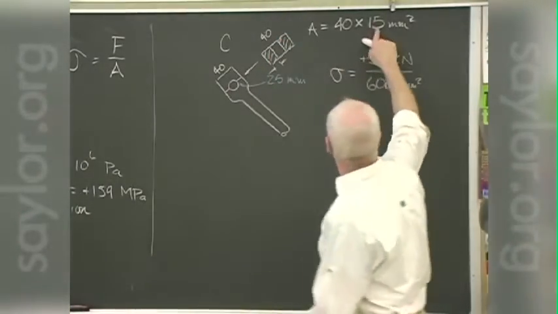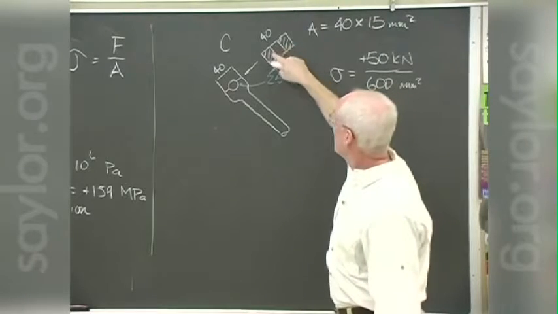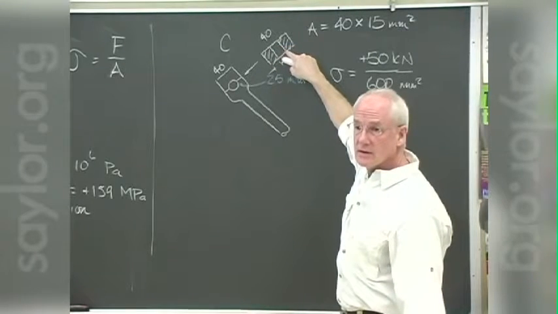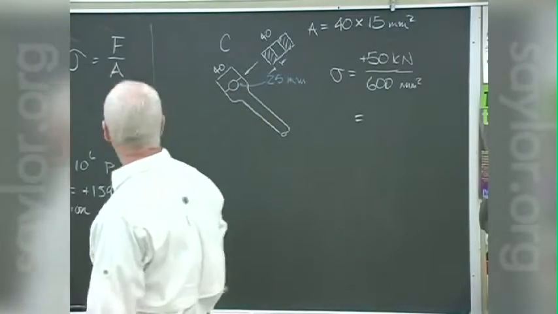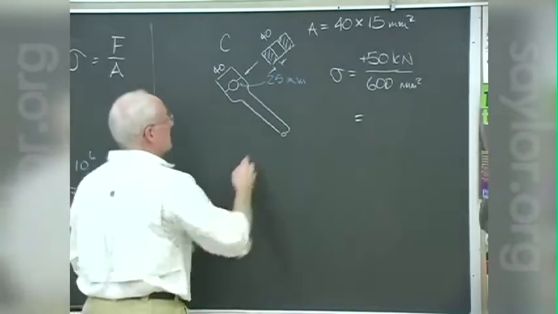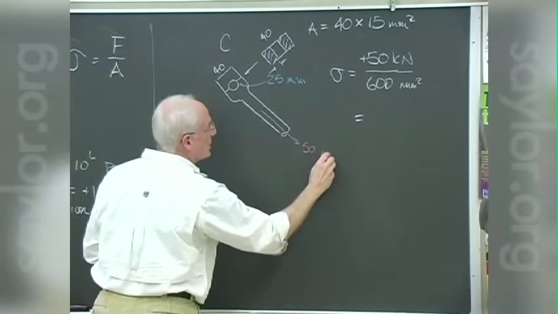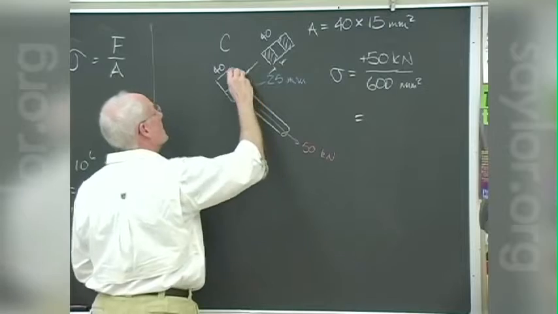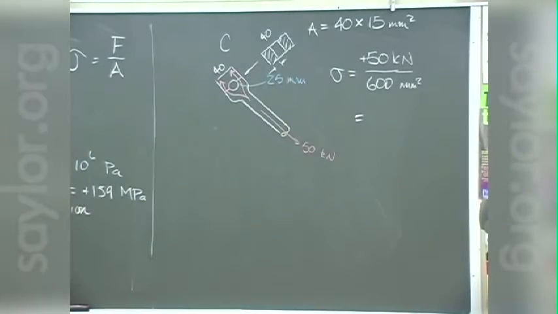Is the 40 by 15 right, isn't it? Isn't that the hatched area? Because remember, the hole area has been removed, so it's not there to withstand any of this 50 kilonewtons. The 50 kilonewton force is now only through those two areas.